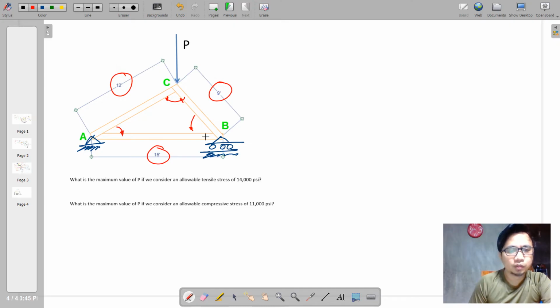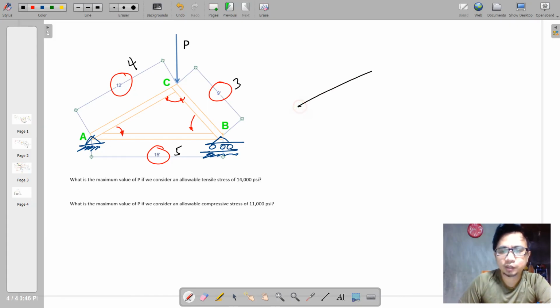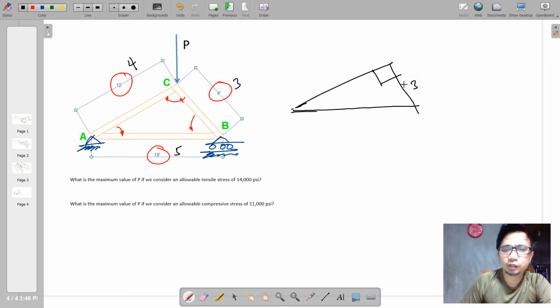If we divide all those dimensions by 3, we can simplify them: this is 4, this is 3, and that is just 5. And remember that a 3, 4, 5 triangle is just a right triangle.